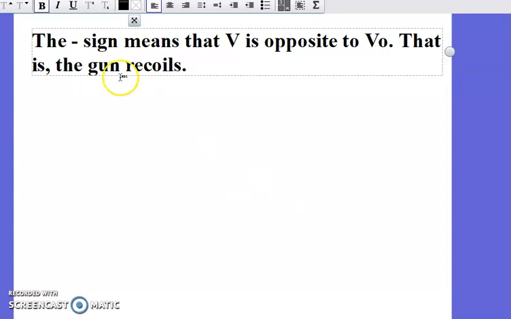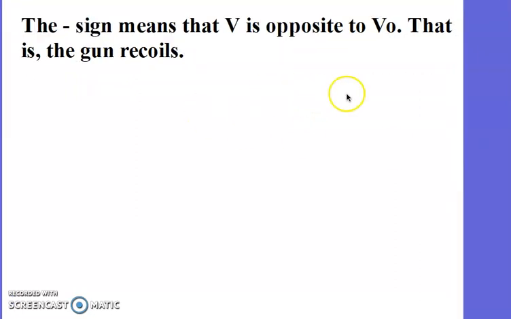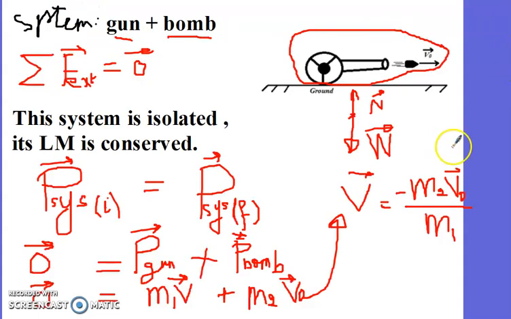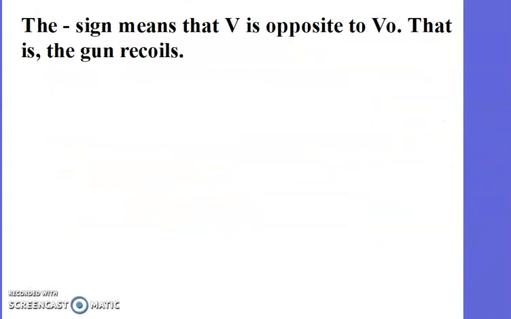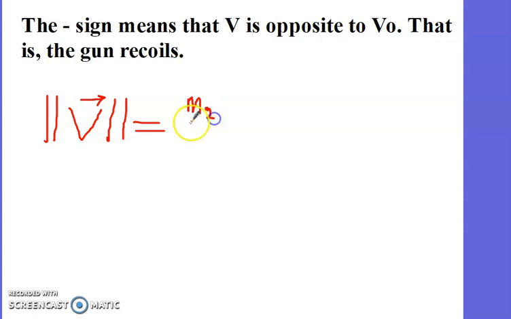So let's do the calculation. This simple calculation. Look at this equation. I want the magnitude of this equation, meaning the norm. So the norm, or the magnitude, of V: now because you want to replace numbers, you eliminate the minus sign, right? The magnitude of V equals M2 over M1 multiplied by the magnitude of V0.